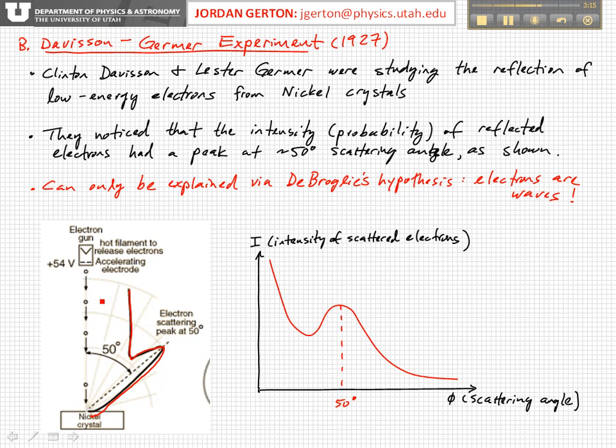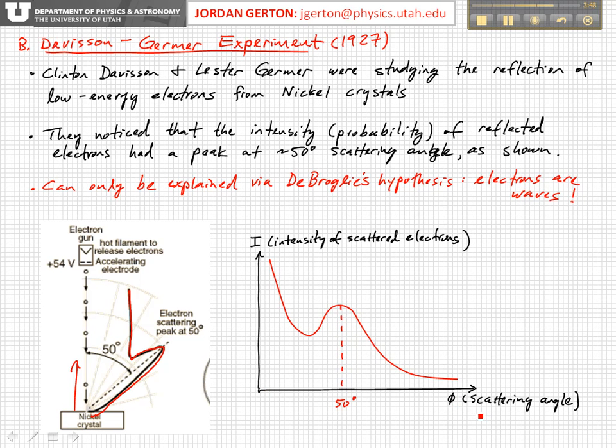Probably you would expect that the most probable reflection would just be back in the direction from which the electrons came, and they certainly found that too, but they also found this peak over at an angle of 50 degrees. Here, this little red curve is a little confusing, so I've redrawn it over here as a graph of the intensity of scattered electrons versus the scattering angle phi.